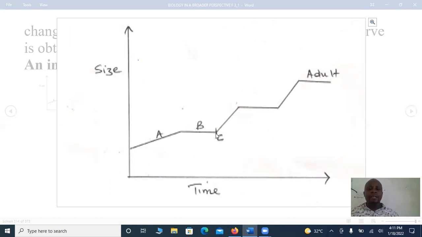If the exoskeleton is hard, it does not permit growth to take place. So for growth to take place, the exoskeleton has to be shed. The shedding occurs at this point, and that shedding off of the exoskeleton is called molting. So at point C is where molting occurs. Immediately after molting has occurred, the organism will start growing again. This type of growth curve is what is known as the intermittent growth curve.